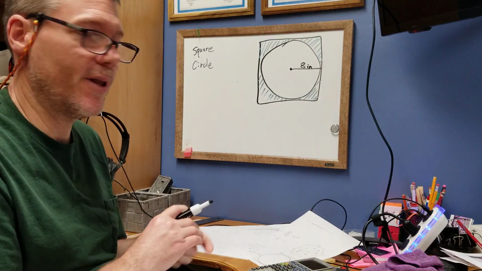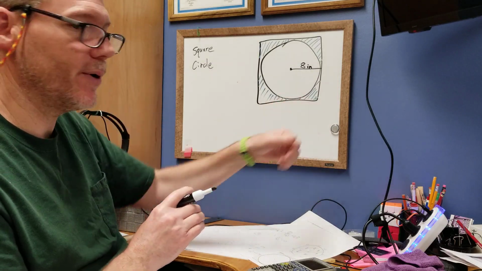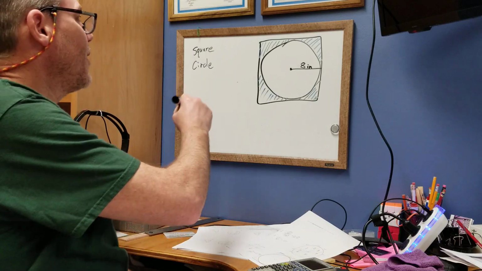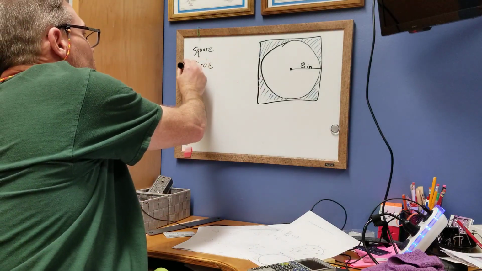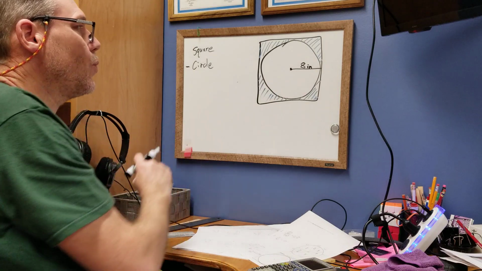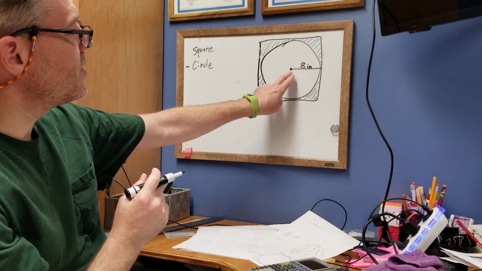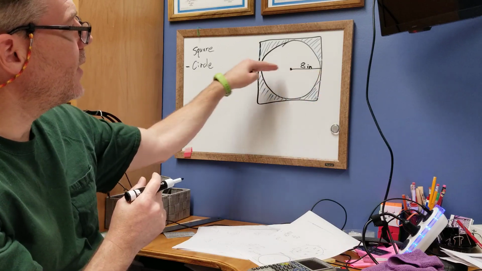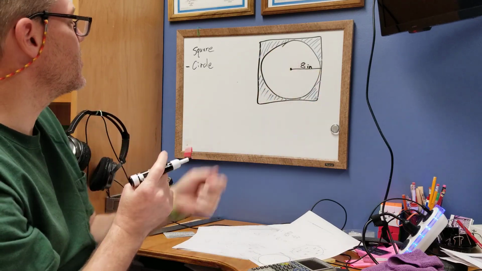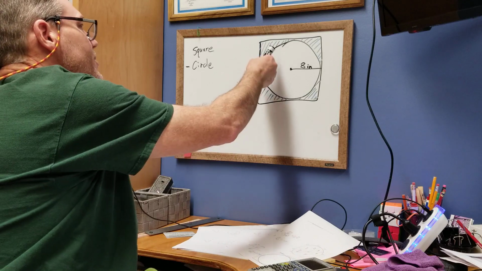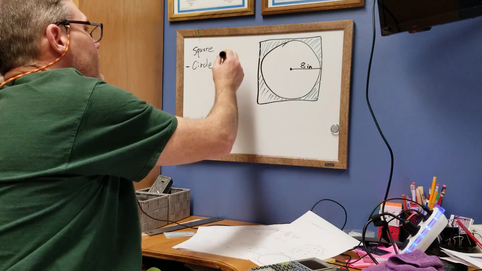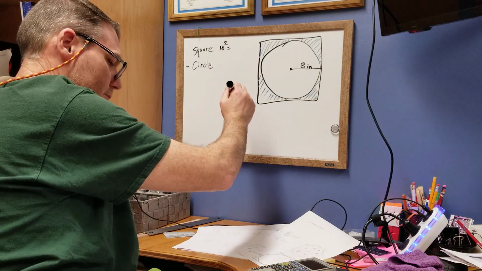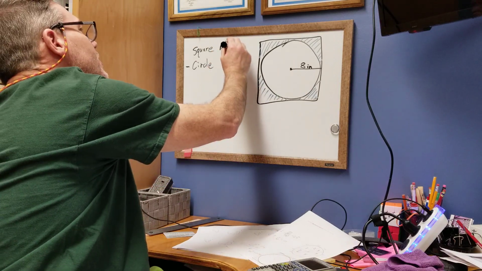And when we had things that were added on to the outside, we added some pieces together. Here we're subtracting one out. So we're going to find the square and subtract the circle. The area of the square, this is the center of the circle, so we've got 8 inches there. So the entire diameter would be 16, which is the same as the side of the square. So we've got 16 squared, which is 256.